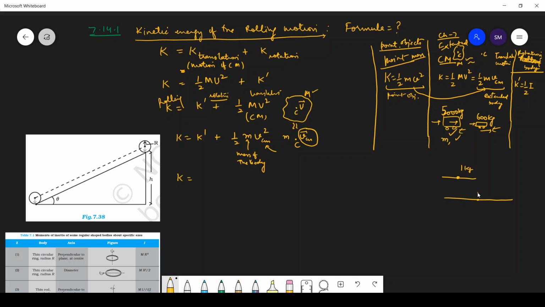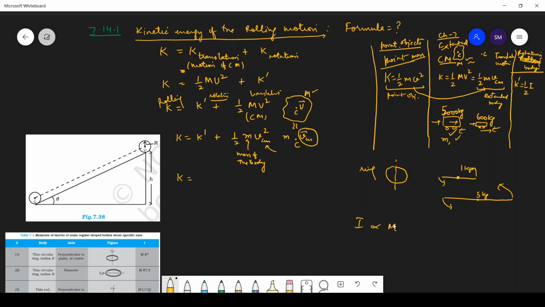Which one will be easier to rotate? Of course the lighter one. Or we can take the case of a disc or a ring. So first you can see that the moment of inertia depends on mass. The more the mass, the more the moment of inertia.